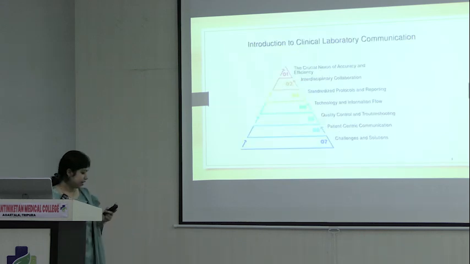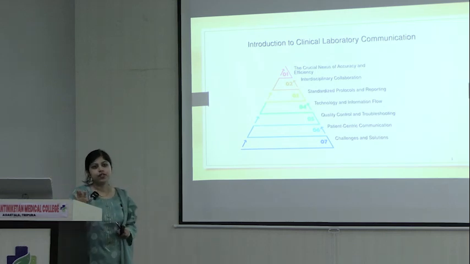So basically the clinical laboratory communication is based on this triangle and these points. First is your crucial nexus of accuracy and efficiency. Suppose a physician needs a blood transfusion for a patient and he will send a blood group request to the lab. Okay, he needs the blood group, so he sends a requisition with the blood sample to the lab, but it will take time.